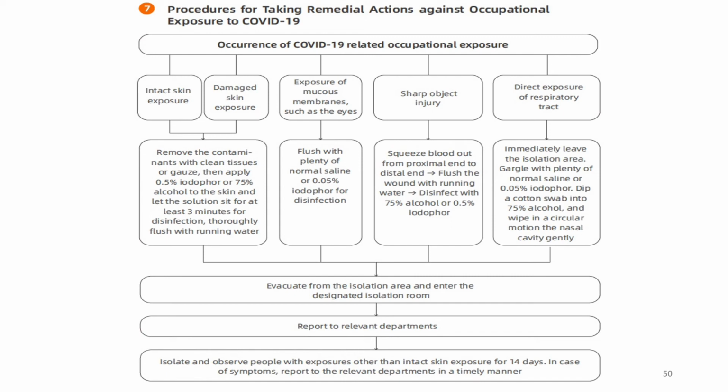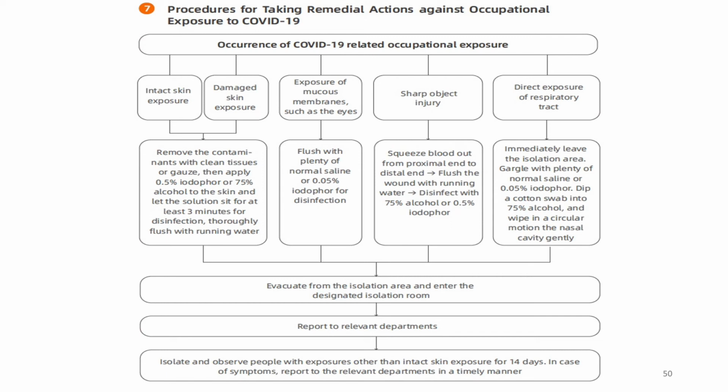If it's exposure of the mucous membrane such as the eyes, then the answer is to flush with plenty of normal saline or 0.05% iodophor for disinfection. If it's a sharp object injury, then the answer is to squeeze blood out from proximal end to distal end, flush the wound with running water, disinfect with 70% alcohol, 0.5% iodophor.